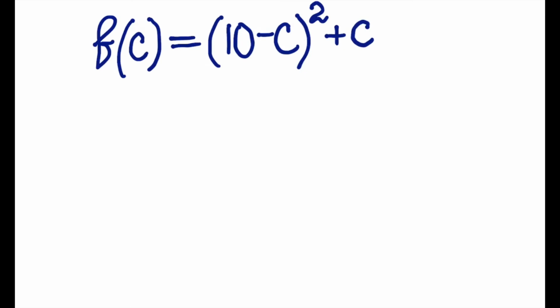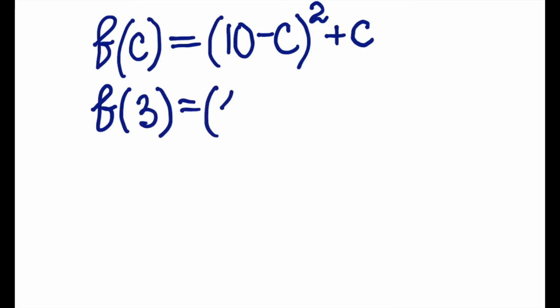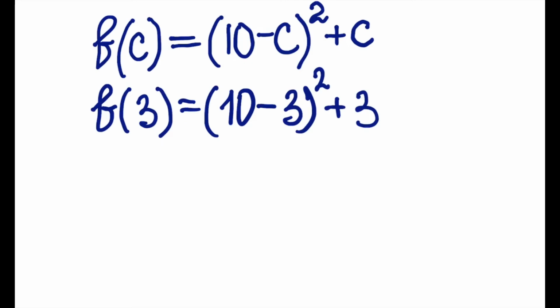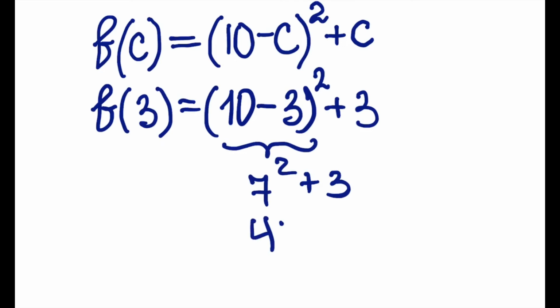And that's all. And I want you to evaluate this b at, let's say, 3. That would be, in the parentheses, 10 minus 3 squared plus 3. That's 7 squared plus 3, and that would be 49 plus 3, which is 52.